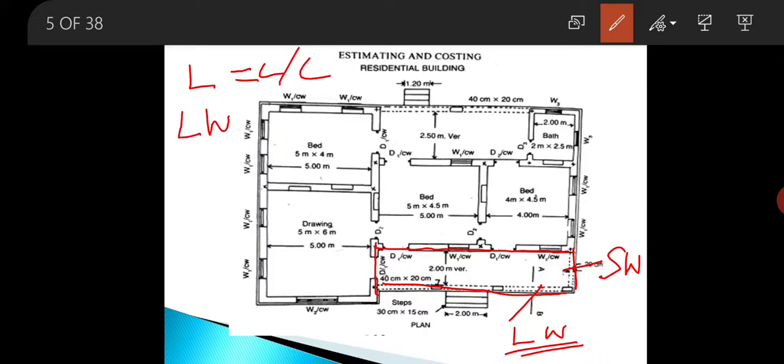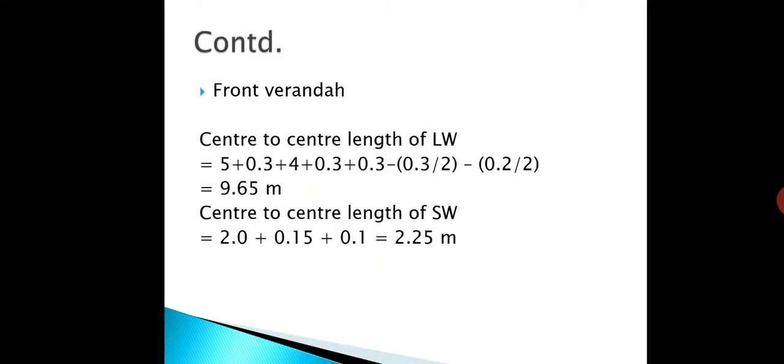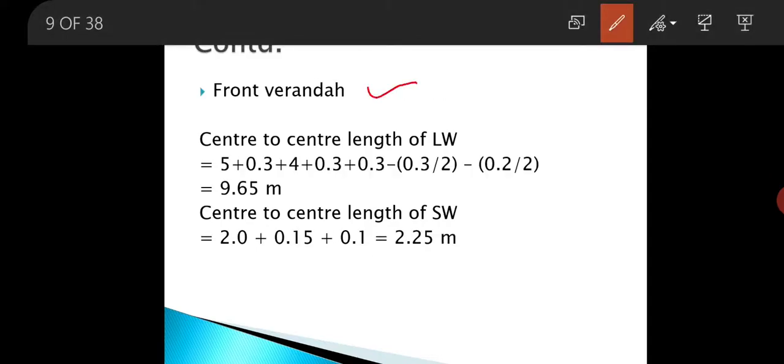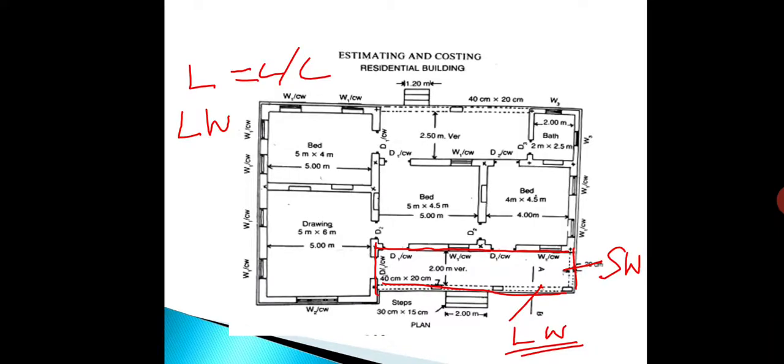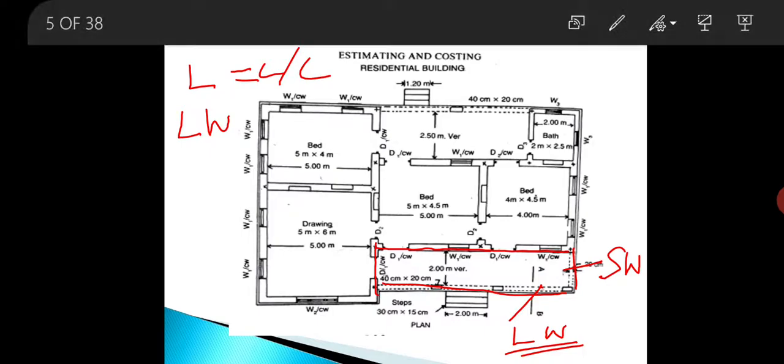As we have previously calculated for the front veranda, the center to center length of the long wall is 9.65 meter.